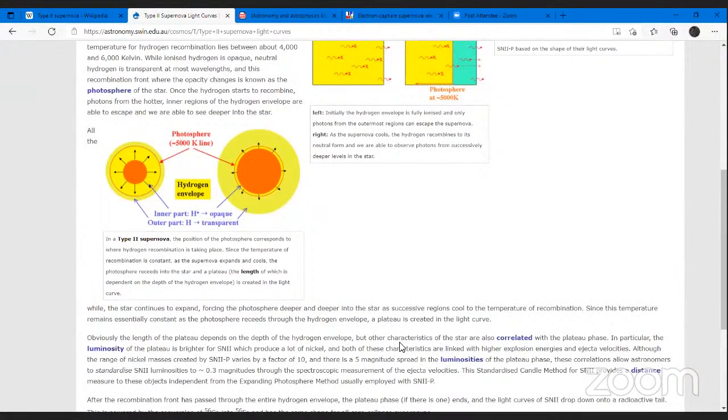So when the star continues to expand, it forces the photosphere deeper and deeper into the star, so that in the process the successive regions simultaneously cool to the temperature of recombination. So this temperature remains essentially constant as the photosphere recedes through the hydrogen envelope, and so a plateau is created in the light curve.